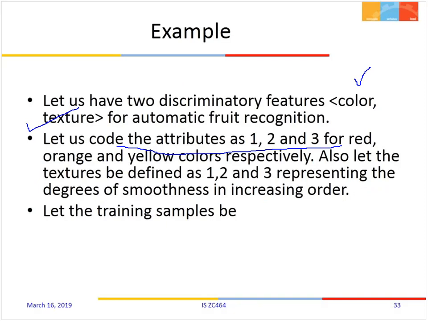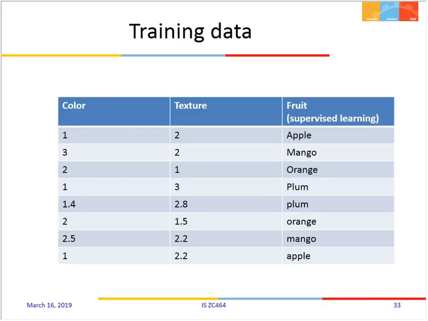It is just a sample where we do not want to go for more realistic data, but we are just trying to pick up the features and define their outputs. Output is nothing but the actual class label. So then there are 4 different categories: apple, mango, orange, and plum, defined by their color and texture.